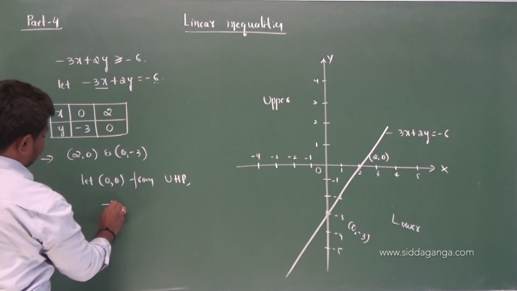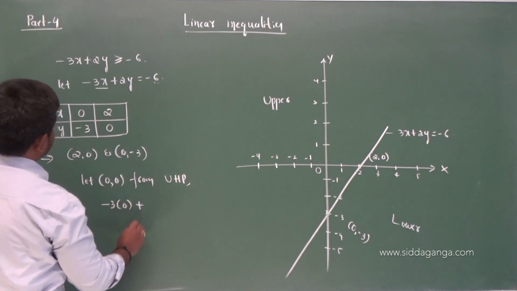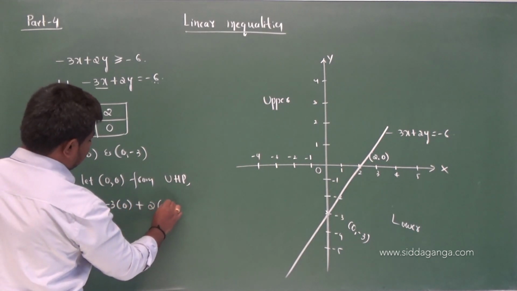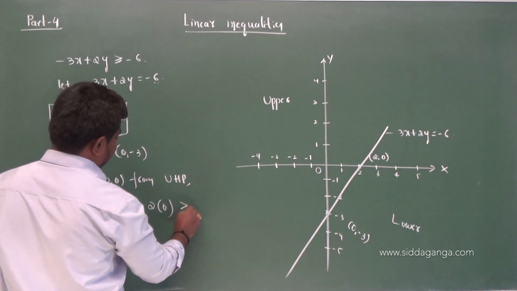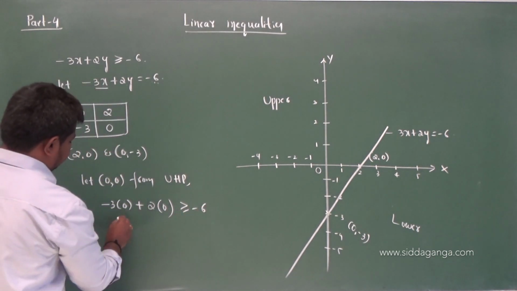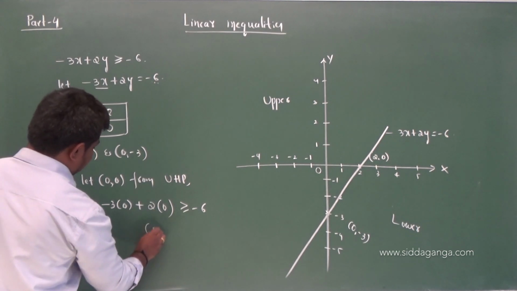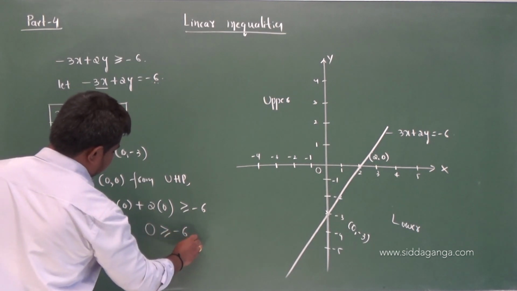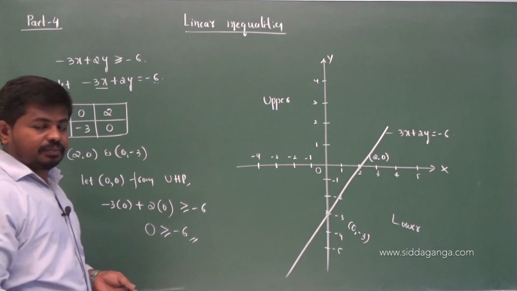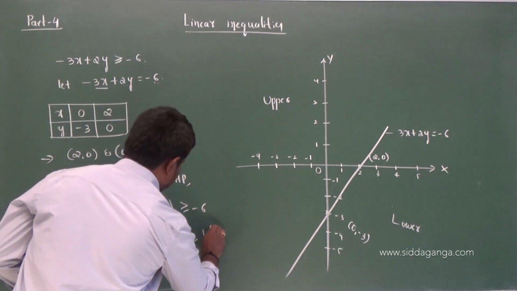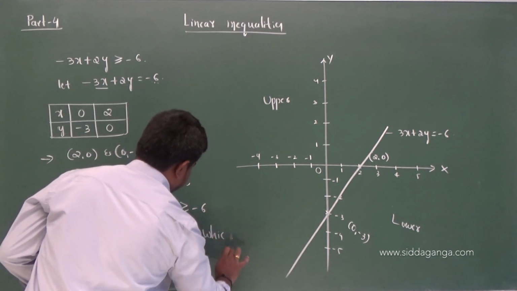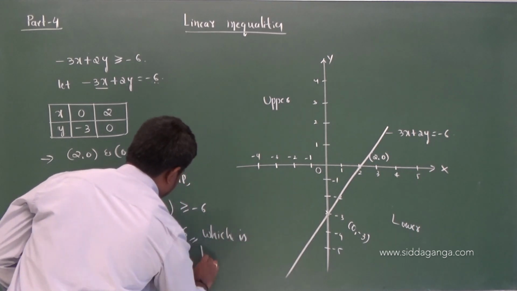Minus 3 into 0, x is 0, plus 2 into y is 0, is greater than or equal to minus 6. This gives 0 plus 0, that is 0, is greater than or equal to minus 6, which is of course true.